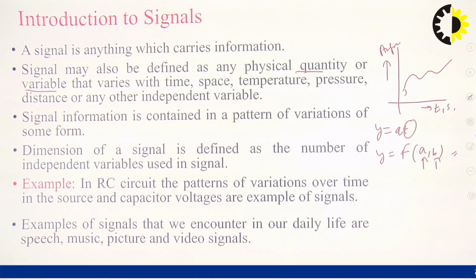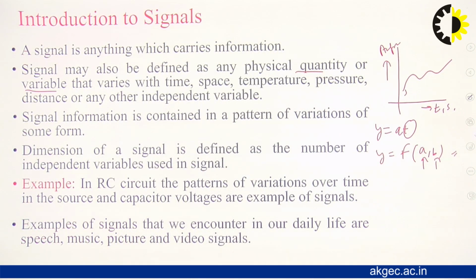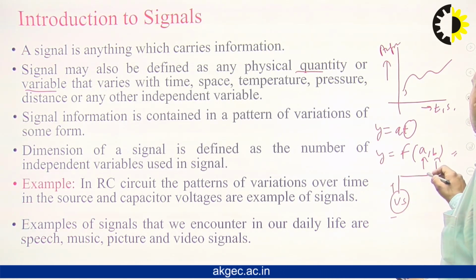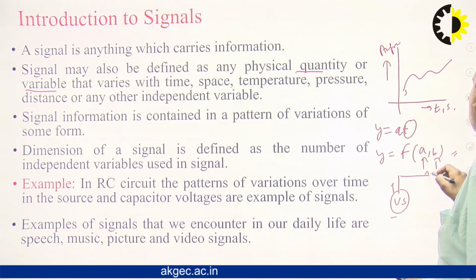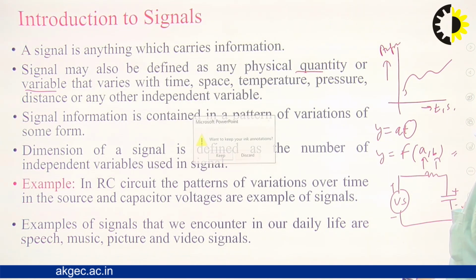Now if you see an example, in an RC circuit, the pattern of variation over time in the source and capacitor voltage are examples of signals. Like let us suppose we have a source voltage Vs, and we have a resistance R and a capacitor, and the voltage across the capacitor is Vc.